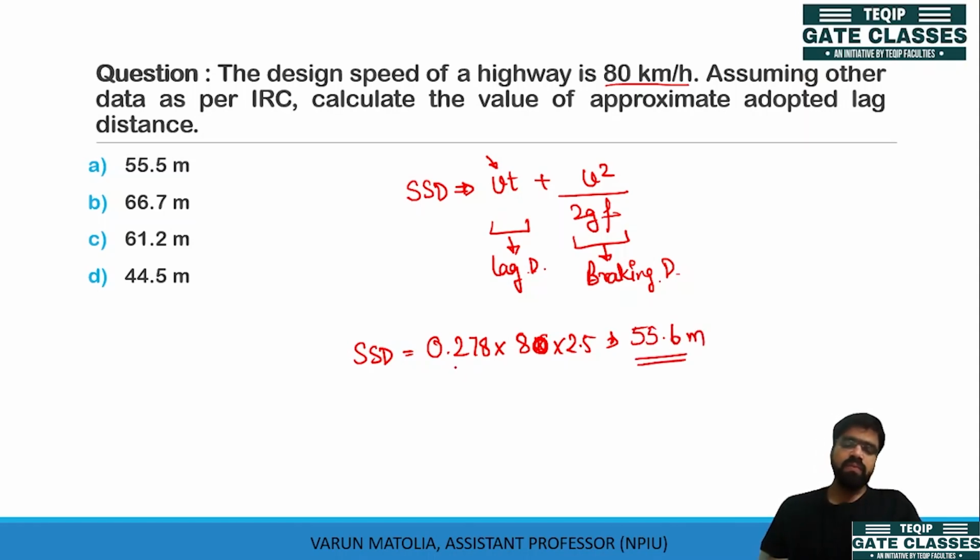There is some round off in this conversion factor. So the nearest value which we have here is the option A. If the question requires us to find the total SSD, that too we can calculate, because the f value is known. For longitudinal friction, for 80 kilometers per hour and 100 kilometers per hour, the value of longitudinal friction is 0.35. We can calculate the braking distance also.